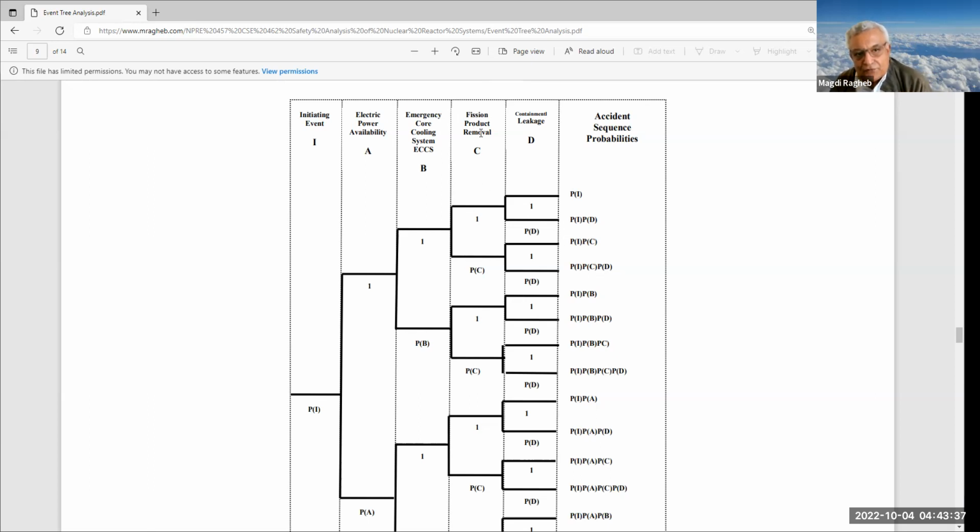Following that fission product removal system, we have the containment structure. If radioactivity is released, it is contained inside those big 6 feet thick concrete structures that have a steel lining on the inside, or in fact, some plants have a refrigeration system having ice.